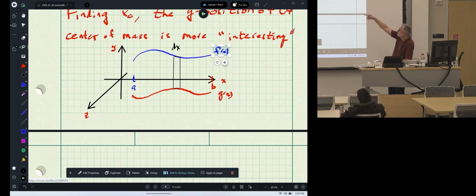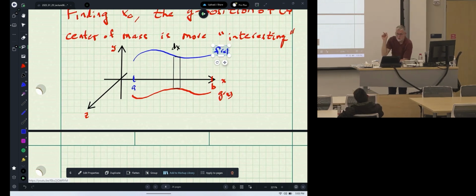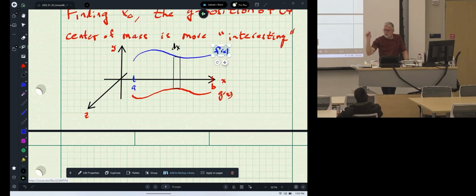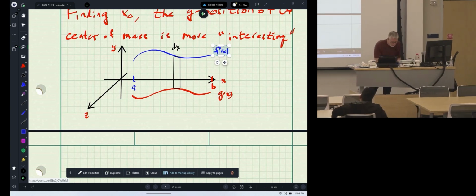Where is the center of mass of that rectangle? Remember, the thickness is constant and the density is constant.